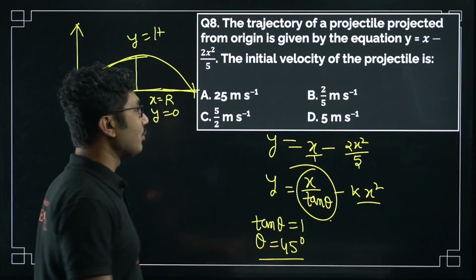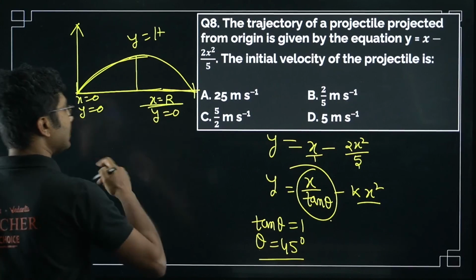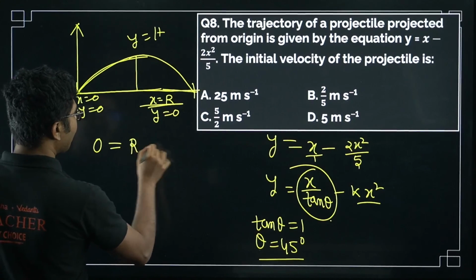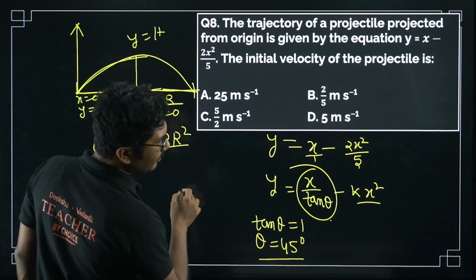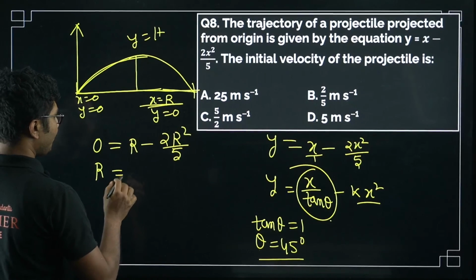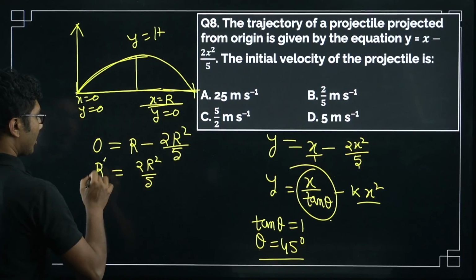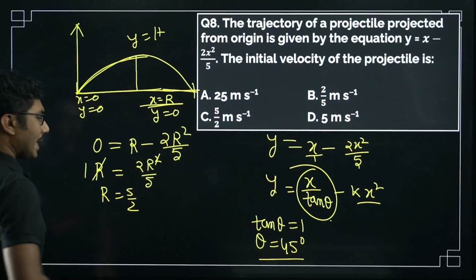And the second one we will use is that at x equals R, y is equal to 0. So we put 0 equals R minus 2R square divided by 5, or R equals 2R square by 5, or one of the R will be cancelled and we get R is equal to 5 by 2. Why am I doing it?